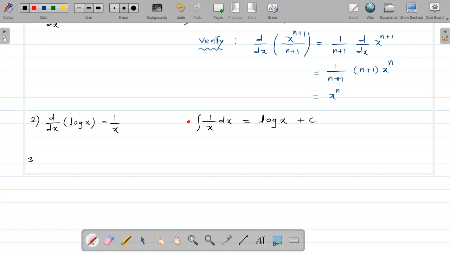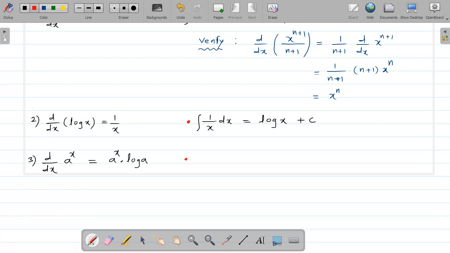Then third one, now you know the derivative of a raised to x, where a raised to x is called an exponential function, where a is any real number. Now d by dx of a raised to x is equal to what? a raised to x into log a. Now what about integration?